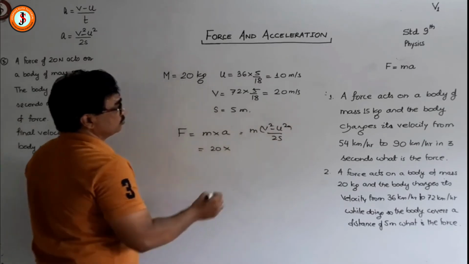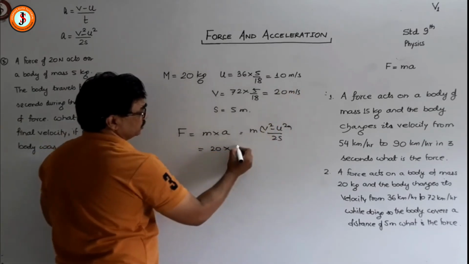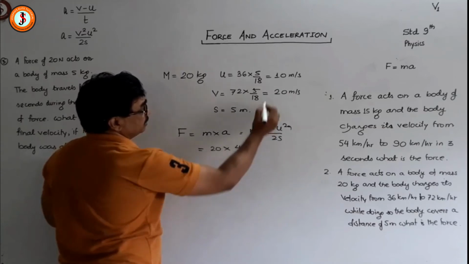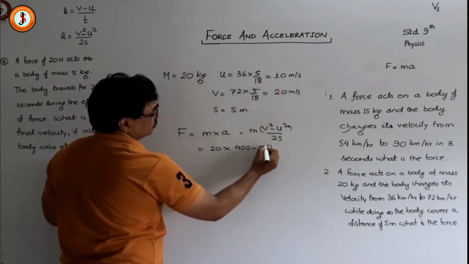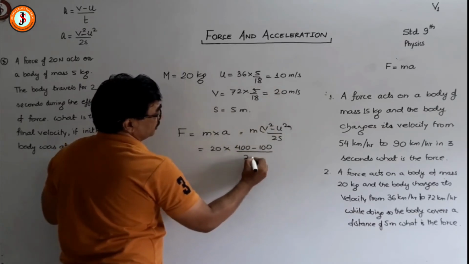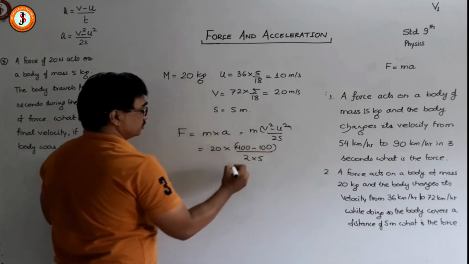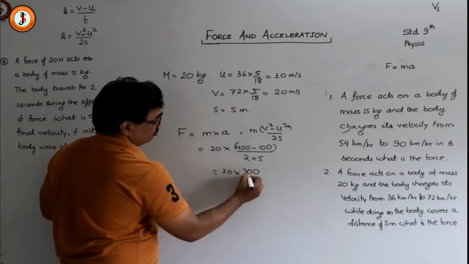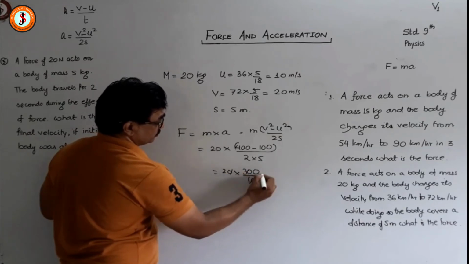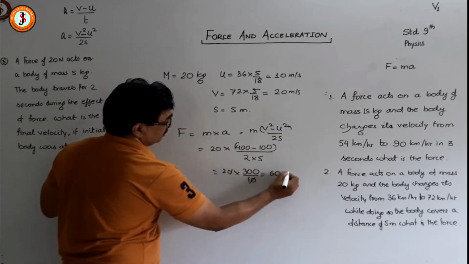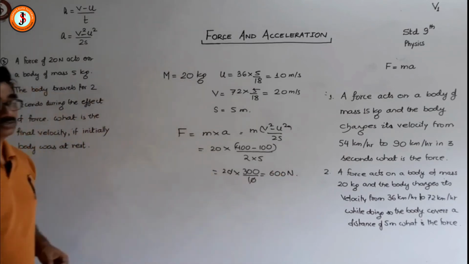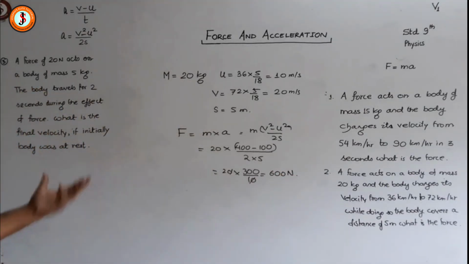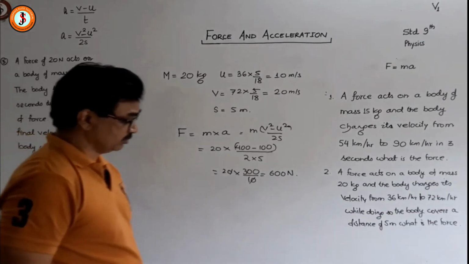So v square is how much? 20 square. 20 square is how much? 400, minus u square is 10 square, so 100, divided by 2 into 5. So 20 into 300 by 10, 600 newton is the answer. Check nicely, you can find these sums on your own, then do the final answer on your own.